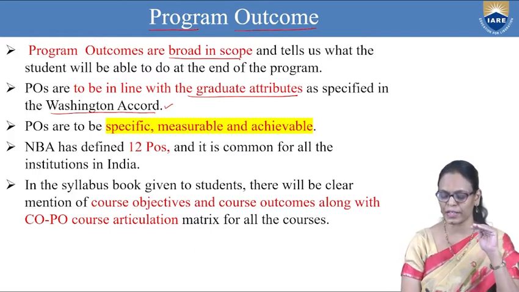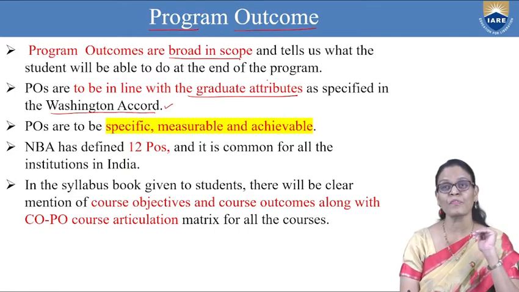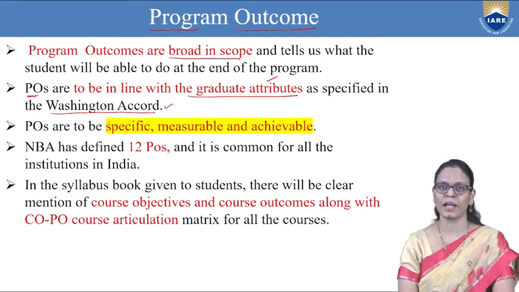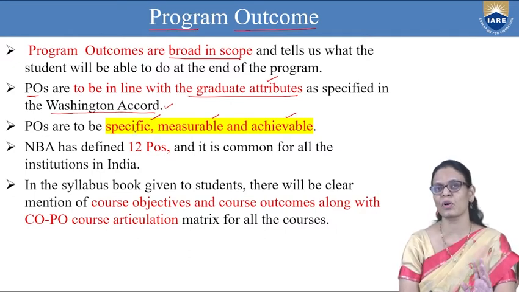So what they have decided is they are specifying some graduate attributes, and all our program outcomes have to be in line with the graduate attributes as specified by the Washington Accord. And these program outcomes are specific, measurable and achievable. Whatever program outcomes we set, they have to be specific. There should not be any ambiguity.